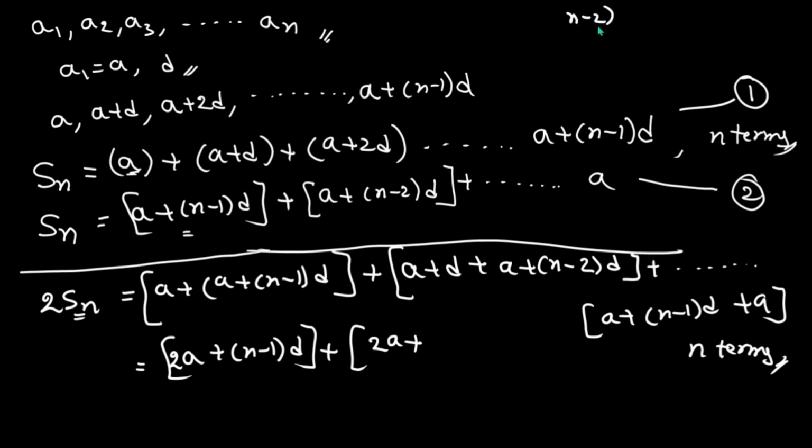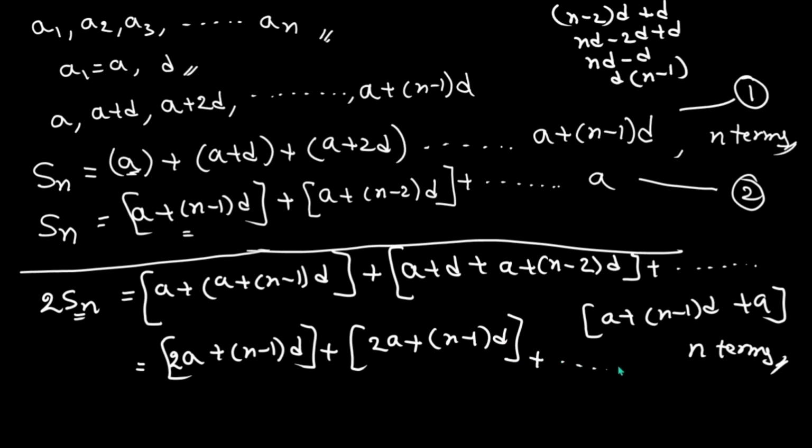So it is n minus 2 into d, right? Plus d. So here nd minus 2d plus d again. So minus 2d and plus d is minus d. Again if you take d as common, it becomes n minus 1. So here again n minus 1 into d, and so on. If you write the last term here, again this a plus a is 2a plus n minus 1 into d.